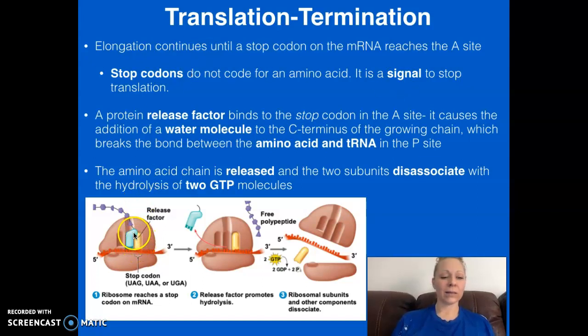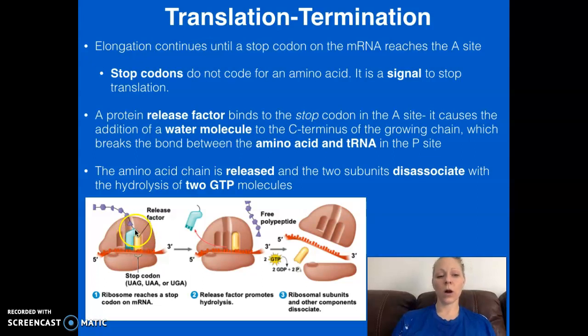So here we are at the last tRNA, and we've reached a stop codon. The stop codons are UAG, UAA, or UGA. And when we read one of those codes, the release factor is going to bind, and then it's going to release a water molecule right here. Remember, we were talking about that.